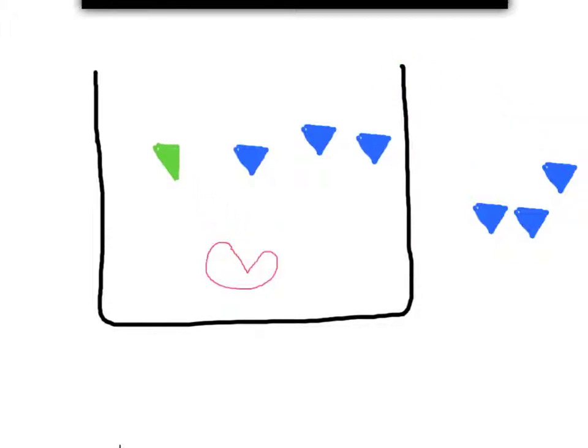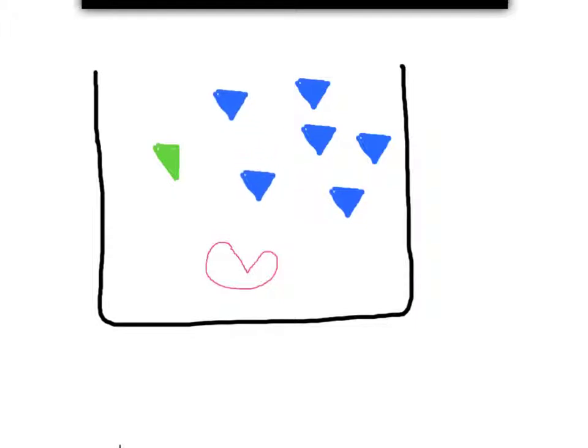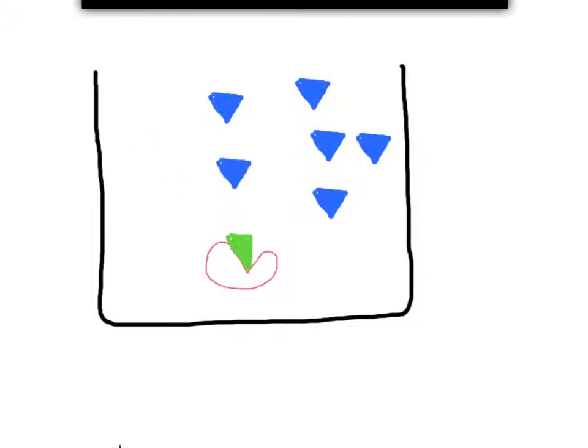Add some more, it's only got a 1 in 4 chance, and so on, and we keep adding more and more substrate, and we get to the stage when there is so much substrate that the inhibitor actually has very little probability of binding to the active site as compared to the substrate molecules. So by adding more and more substrate, you can overcome the inhibition by this competitive inhibitor.